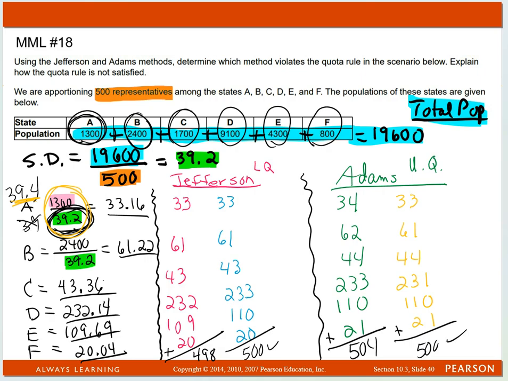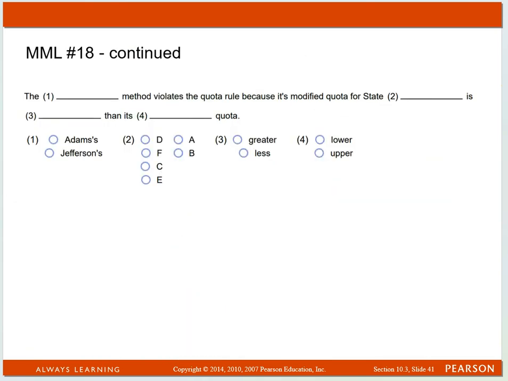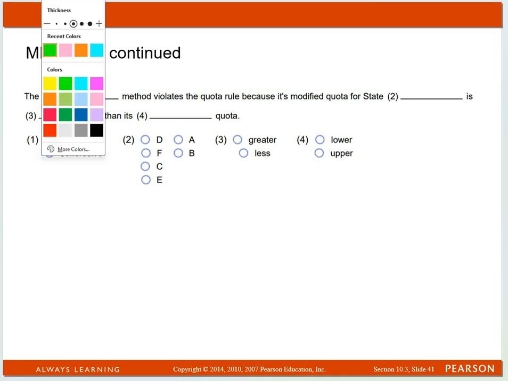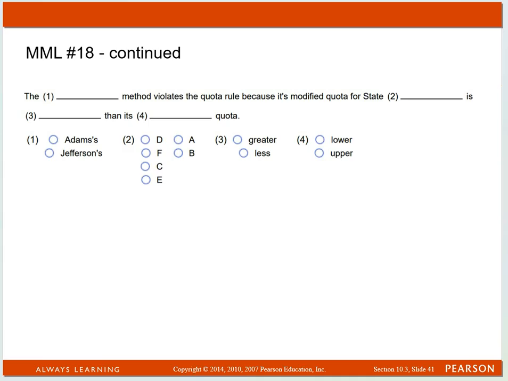All right. What's the next slide say? It says the blank method violates the quota rule because its modified quota for state blank is blank, then it's blank quota. Oh boy. These are actually drop-down boxes. So in drop-down box 1, these are your choices. It's either the Adams method or the Jefferson's method.